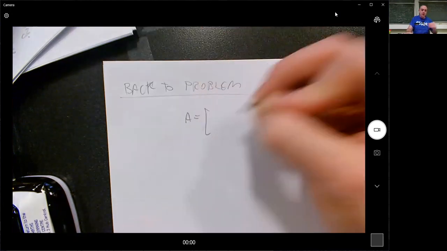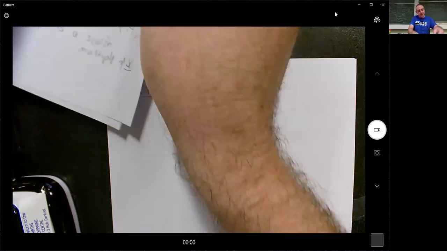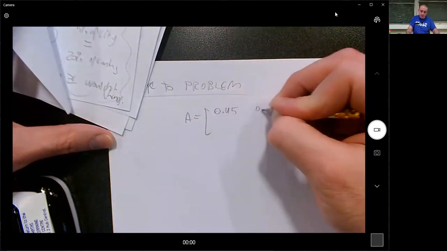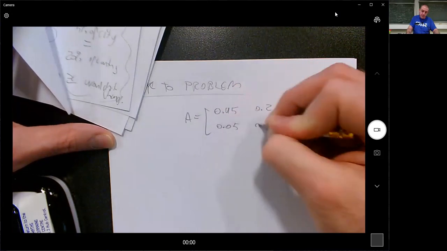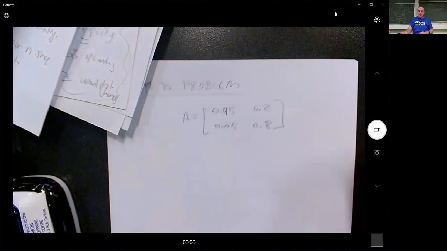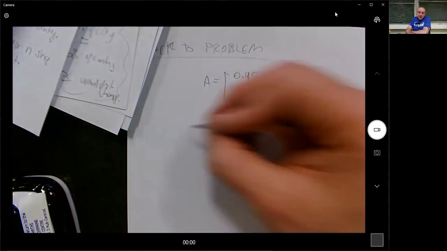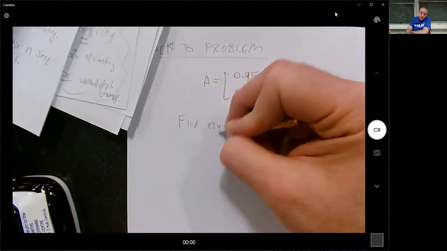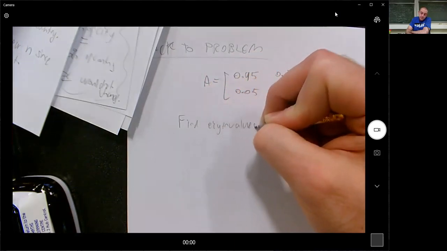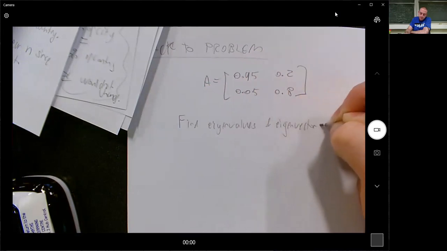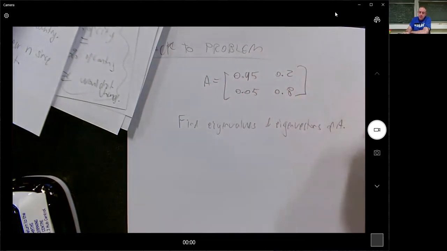So my A was, I believe, 0.95, 0.2, 0.05, 0.8. And I'm going to find the eigenvectors and eigenvalues of A. Okay.